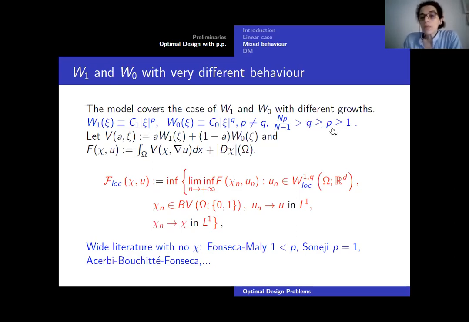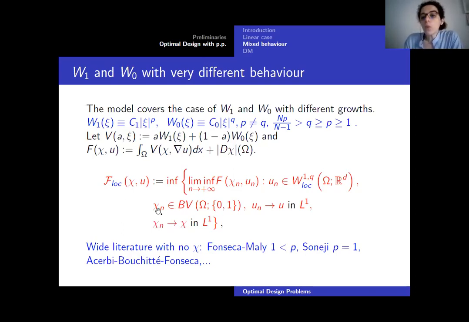But of course, because of the lower bound given by the presence of W1, the energy bounded sequences (chi_n, u_n) are such that the gradients of u_n have a bound just in their L^p norm. So we have essentially a gap, a gap in a sense that I will clarify in the next slides.